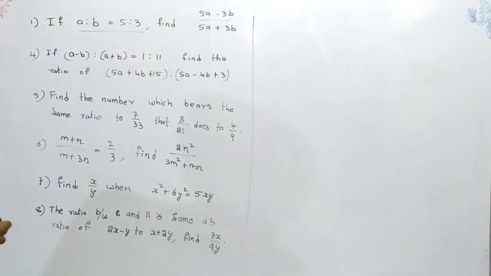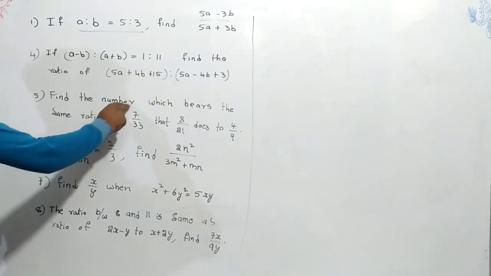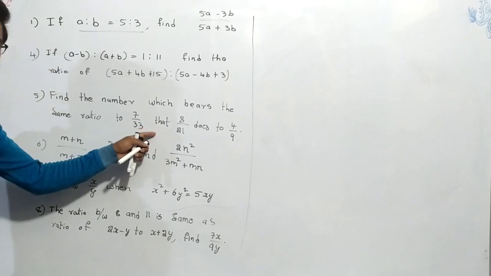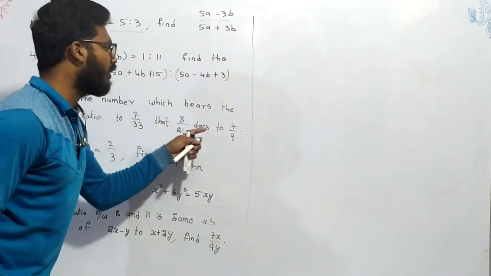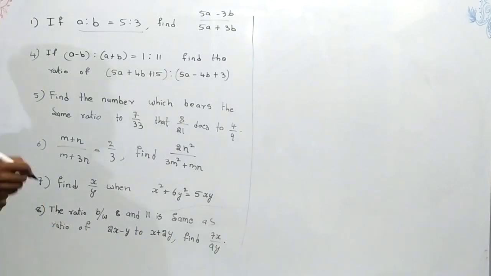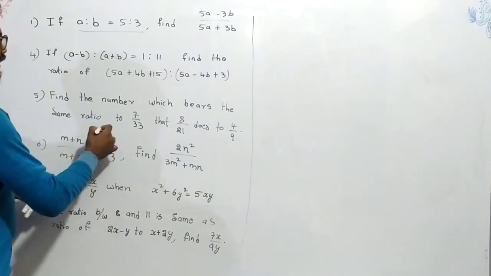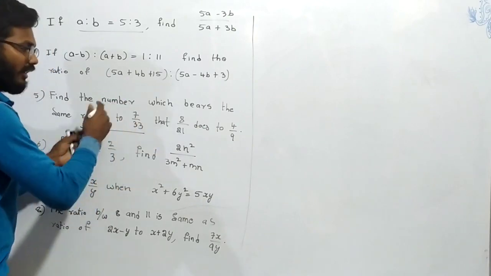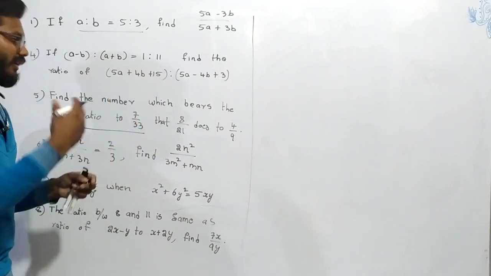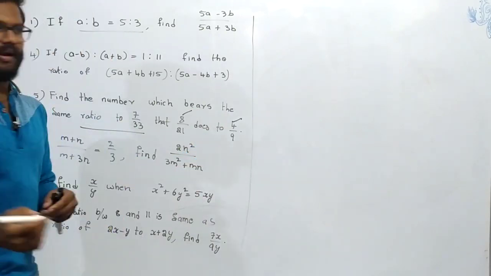Find the number which bears the same ratio to 7 by 13 that 8 by 21 does to 4 by 9. See here what they are asking: which ratio will we get, so that it is the ratio to 7 by 13 as 8 by 21 is to 4 by 9.